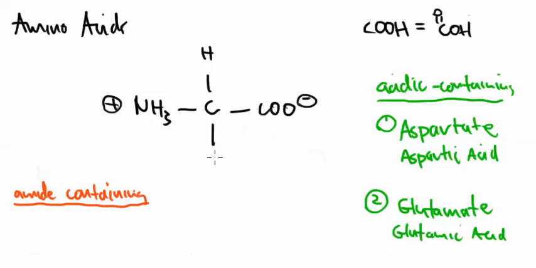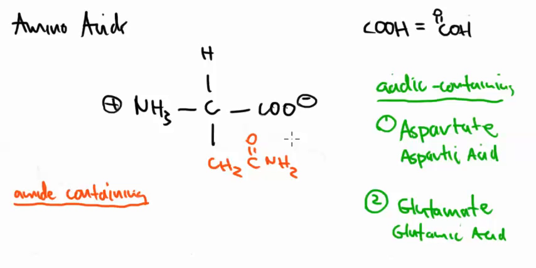And our first amide containing group is a CH2 with a C double bond ONH2 out at the end. So there we go, CH2, C double bond ONH2.